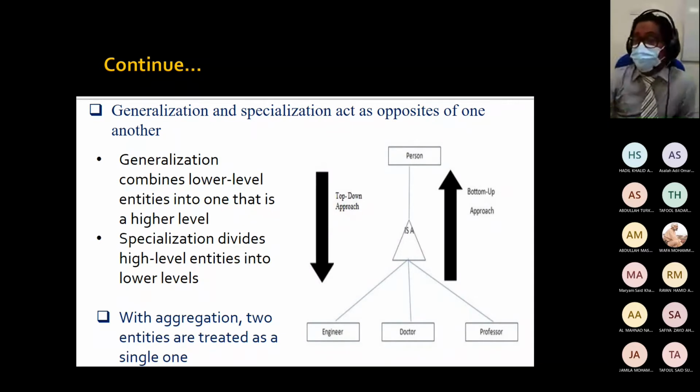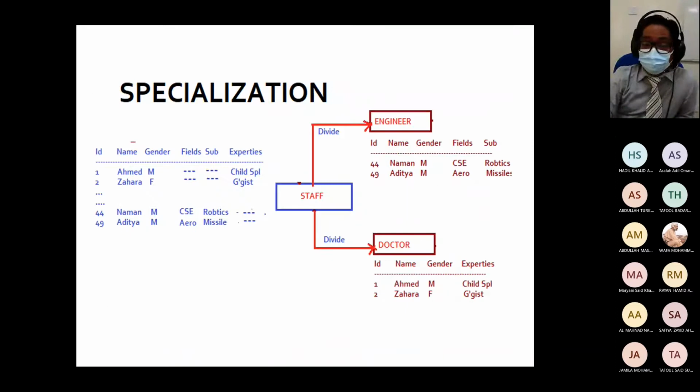We will understand this later on once we complete generalization, specialization, and including the aggregation. For now, this is just an introduction to what we are supposed to start working on, the EER model, right? So this is for generalization and specialization, which are opposites of each other, because one is in the high level and the other one is in the low level. Right.